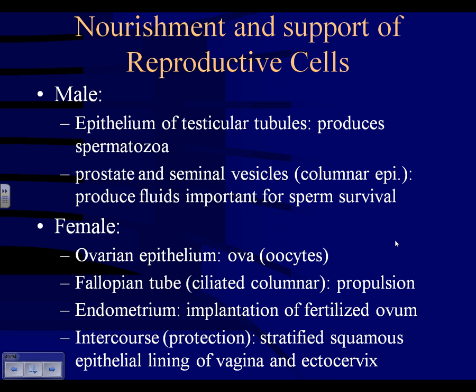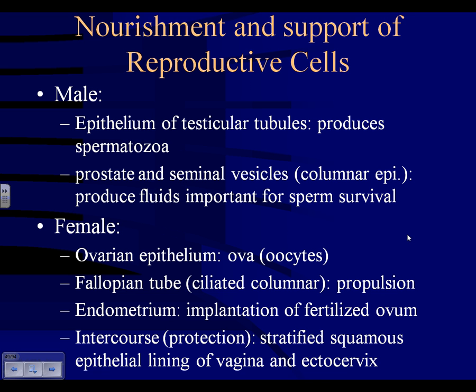So the egg just sits there and doesn't get pushed downstream. Similarly, in men, they don't have the cilia needed in the vas deferens. So the endometrium supports the implantation of the fertilized ovum, and then in terms of intercourse, the vagina provides some mechanical protection.